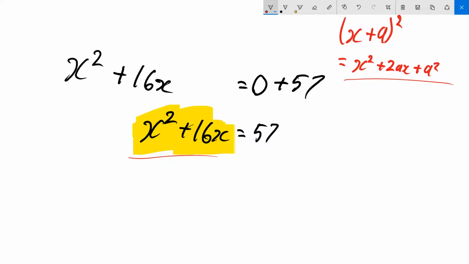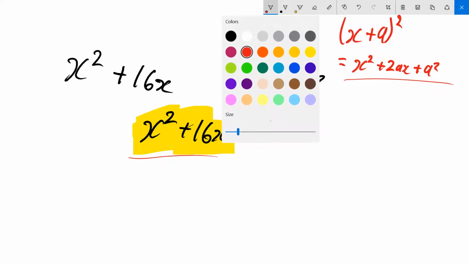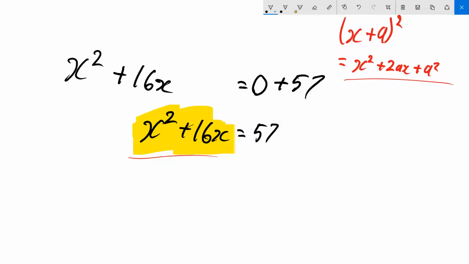Okay, so the way we do this is we need to work out what a is in this equation, this bit here. So the way we work this out is we get our coefficient of x, which is 16, and then we halve it.